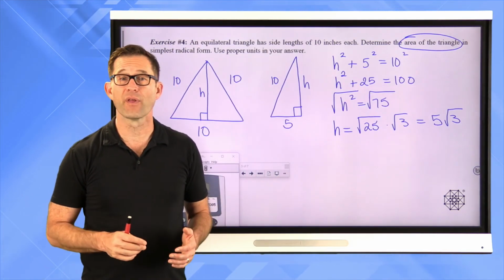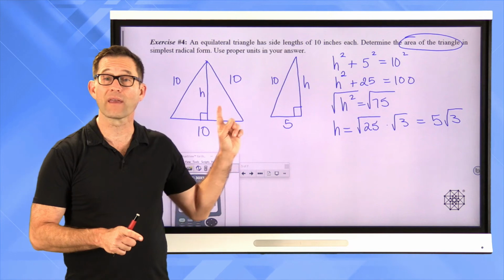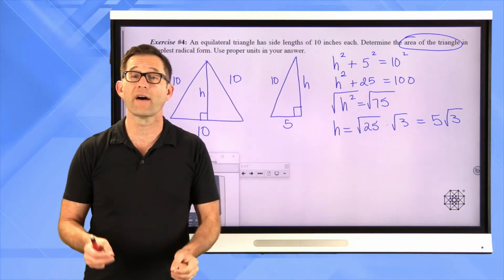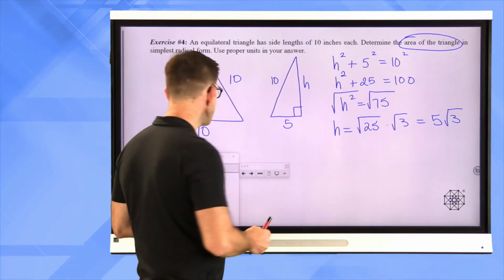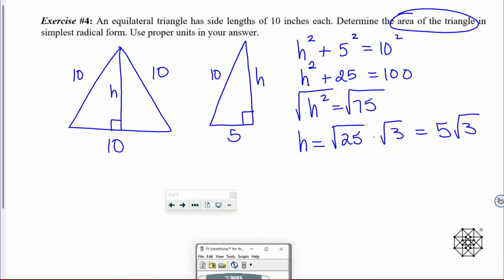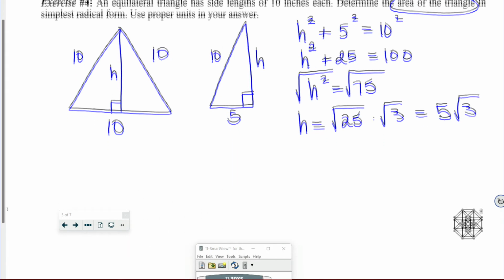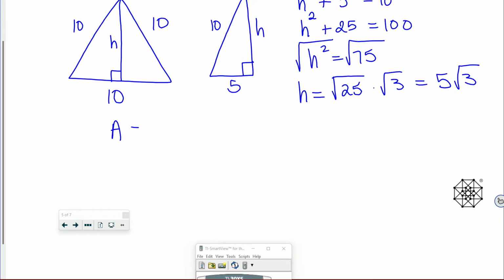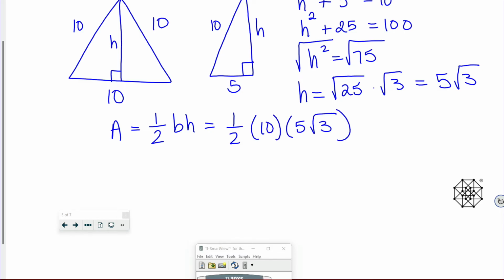Now, they didn't ask me for the height, but I did need it in order to calculate the area, which is 1/2 base times height. So let's now write that down. Let me move this out of the way so we have a little bit more room. Right, the area is going to be 1/2 base times height, the base being 10, the height being 5 times root 3.